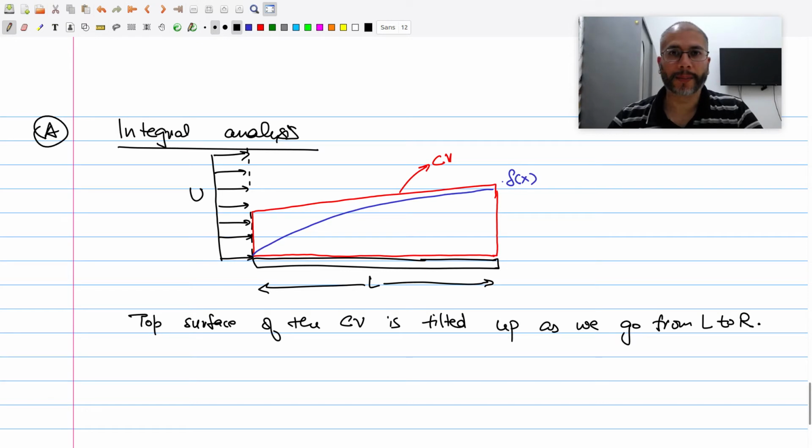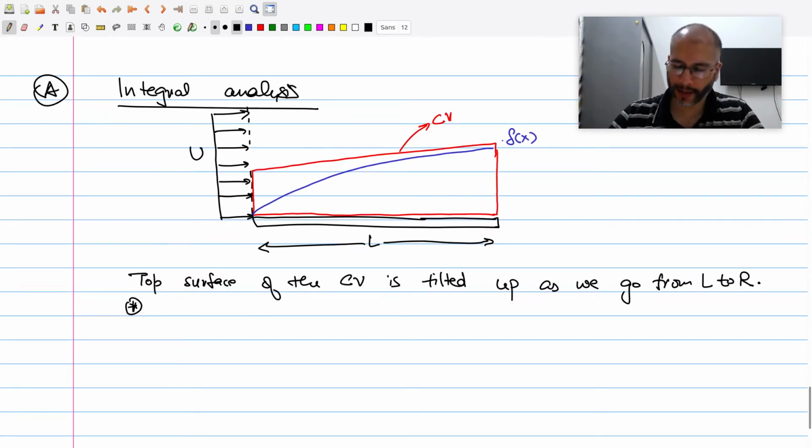So it's tilted up. So the top control surface is tilted up. And the reason behind this is we can try to understand from two ideas. One is from the idea of the streamlines and the relation between the stream function and the volume flow rate.